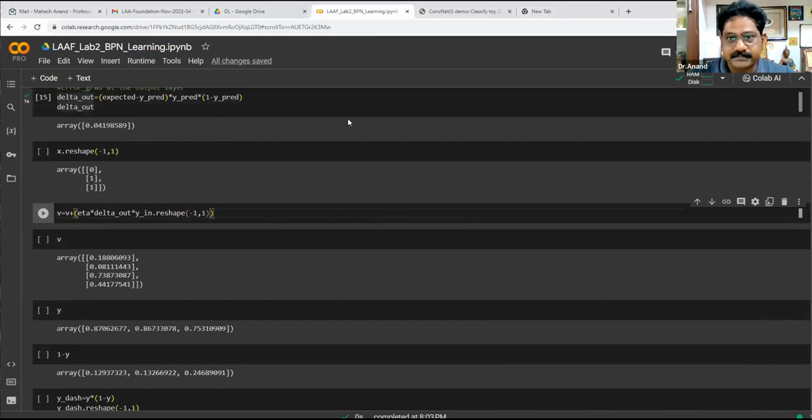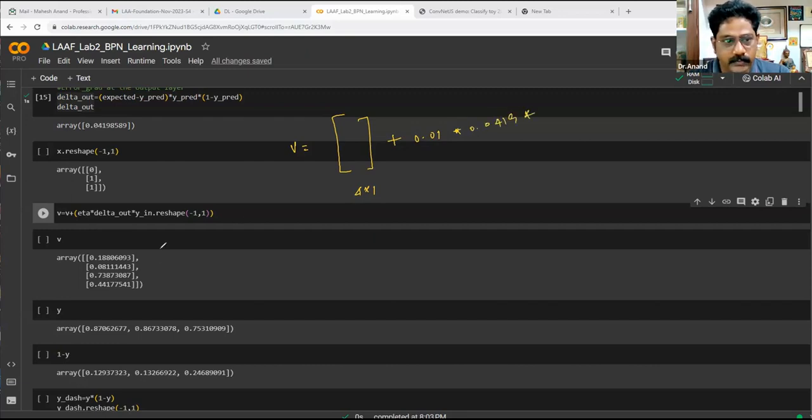To put everything in the coding, V is a column vector, 4 by 1, right? So V equals my original initialized V plus, why the plus sign in the equation? Because both the minuses we combine. Eta is the learning rate 0.01, into delta out, also a scalar.